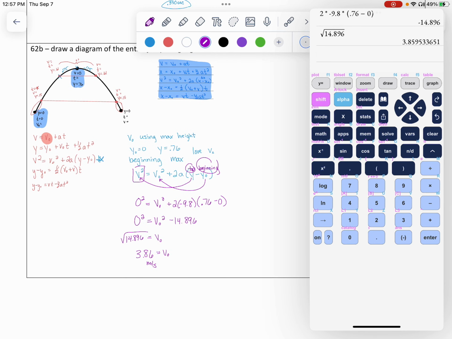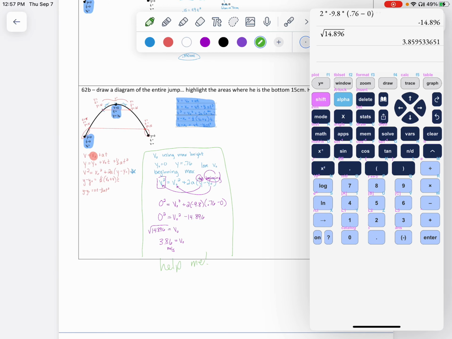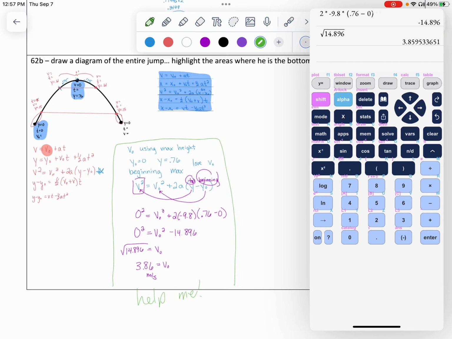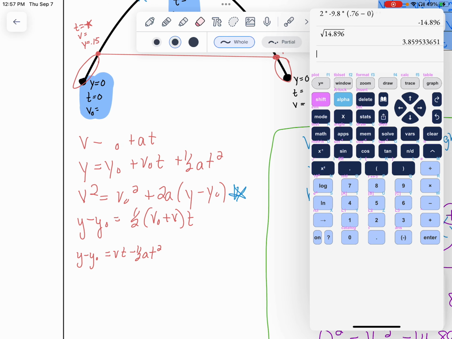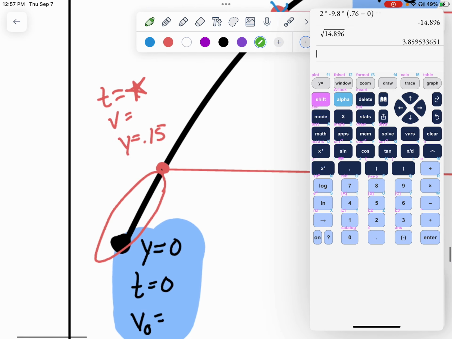Now remember, I was going to take a pause because I wasn't able to find what I really needed. This was almost like a pause to help me identify something that I can use. And now I have everything I can use. Remember, my goal is to find this t value right here with a star.